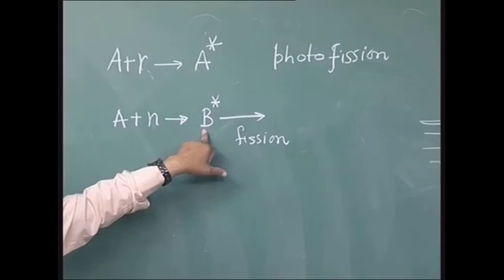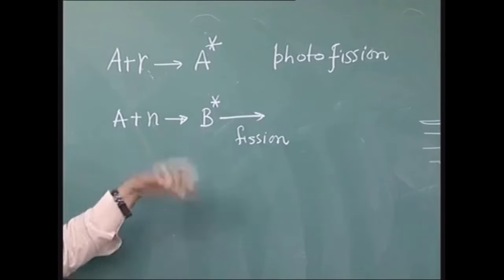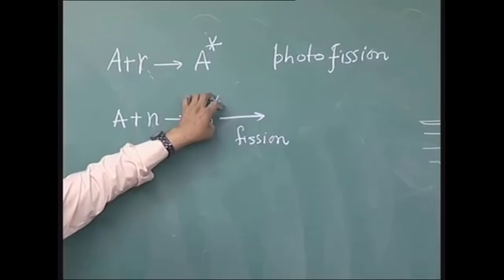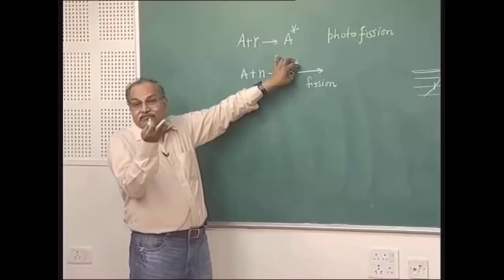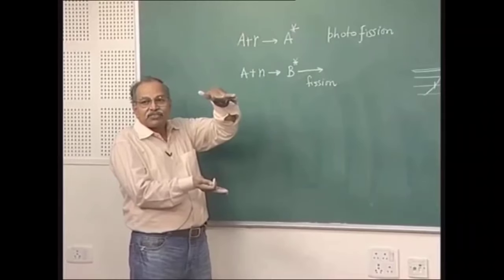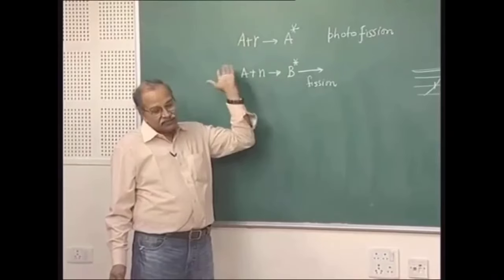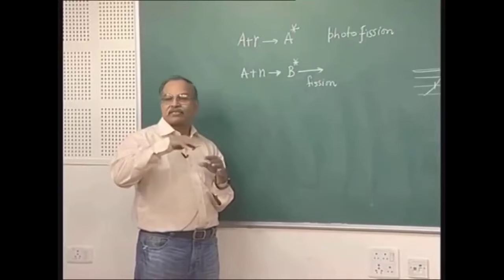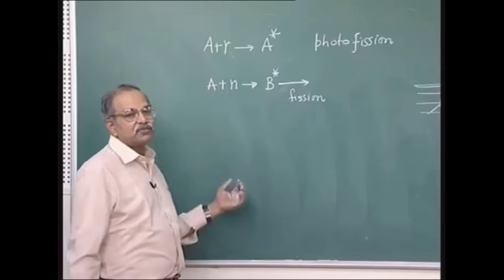So, that kinetic energy part is almost negligible. The entire Q value and any kinetic energy in the neutron becomes the energy above the rest mass energy, or above the ground state, and therefore the total energy is raised by that much. If that is enough to surmount the fission barrier, the fission will take place. If it is not, then barrier penetration and low cross sections will come into play. So, we will continue from here.